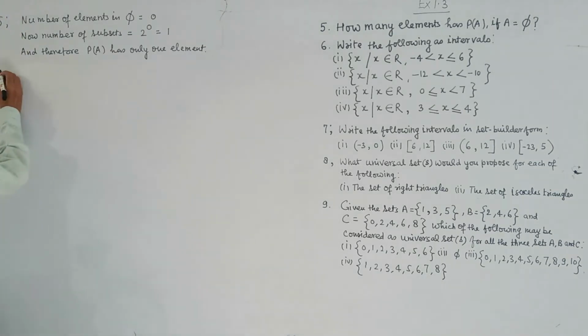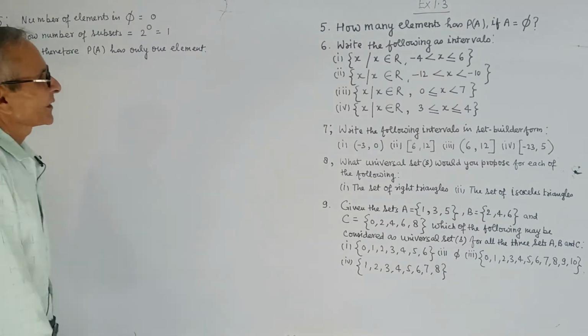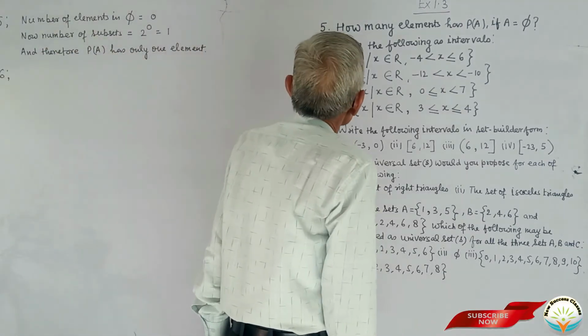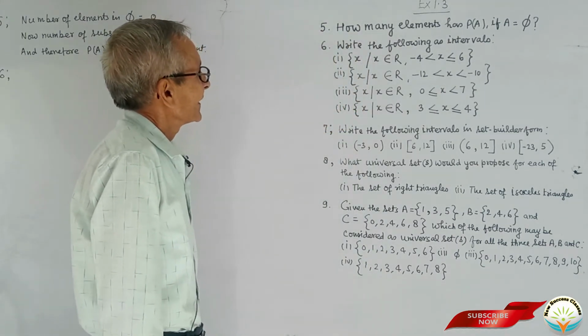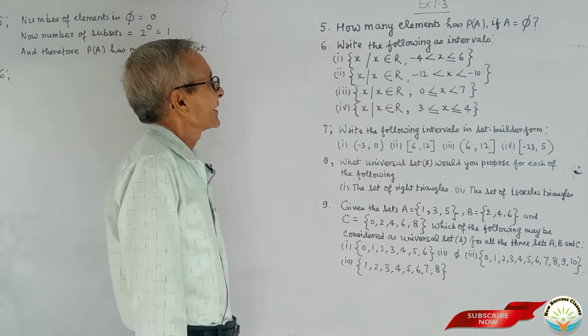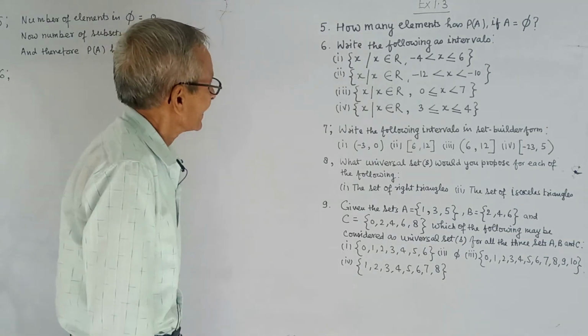Now come to question number 6. Write the following intervals, x such that x belongs to R. Negative 4 is less than x is less than or equal to 6.